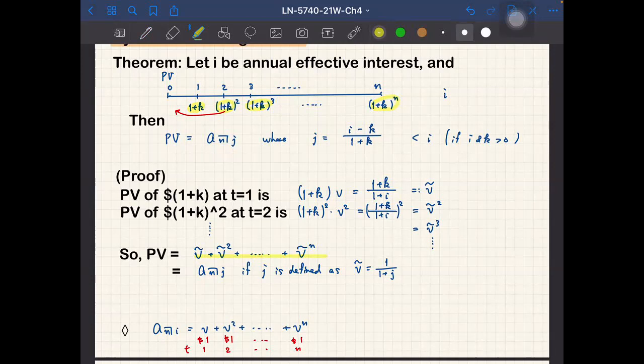Or if we express this as a formula for j, j is equal to 1 over v tilde minus 1. You can multiply 1 plus j on both sides of this equality. Then v tilde times 1 plus j is equal to 1. Then we divide by v tilde, so j is equal to 1 over v tilde minus 1.